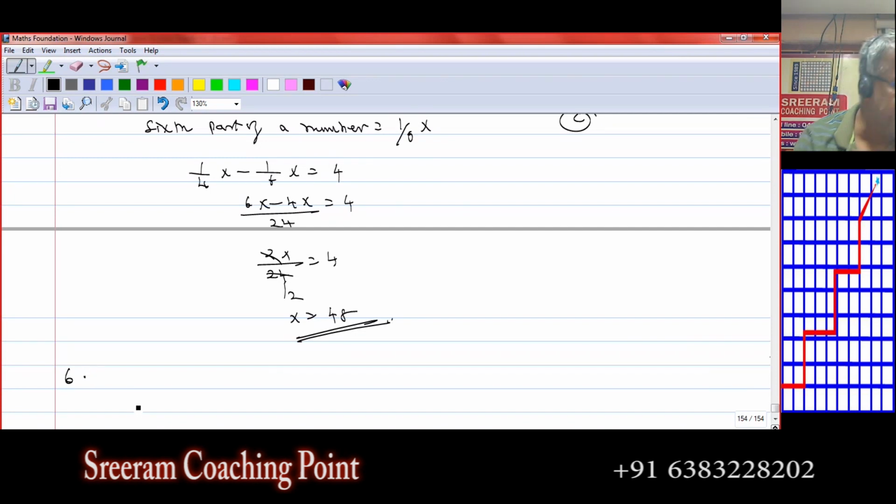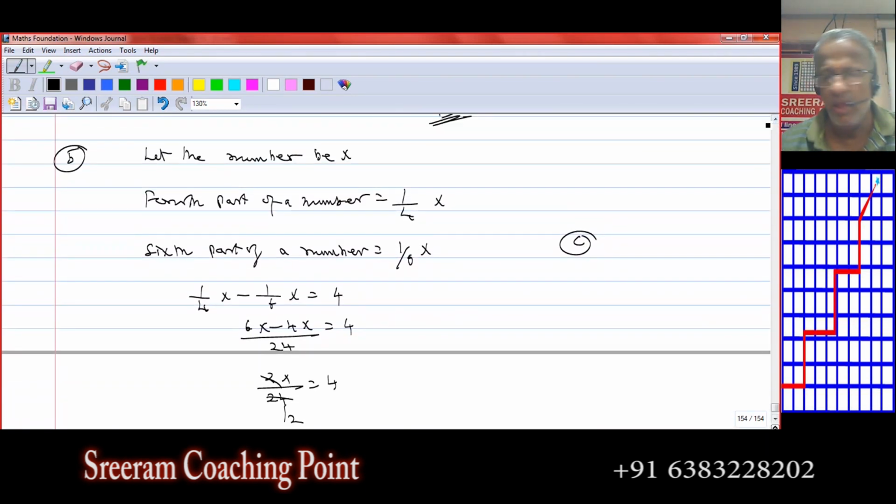Sixth. 10 years ago, the age of a father. Are you clear about item number 5, all of you? Yes, sir. Are you clear, Manimala and Soumya?